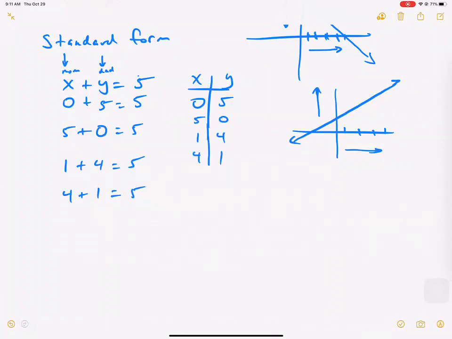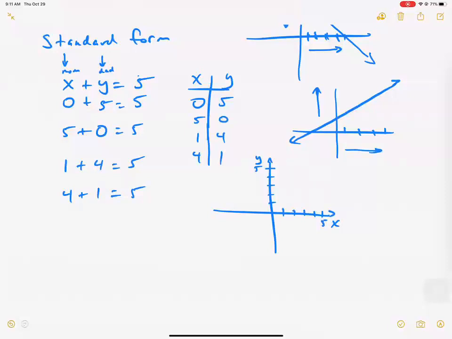Right? And if we want to graph these points, x's and y's, 1, 2, 3, 4, 5 on each axis. We can plot these points, and you'll see a relationship of all the possibilities.